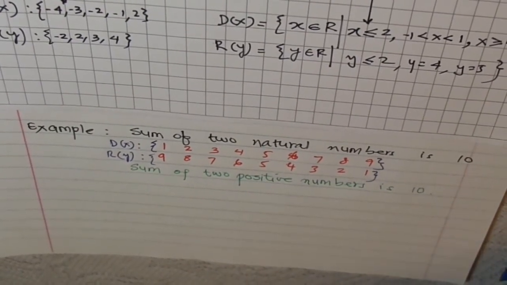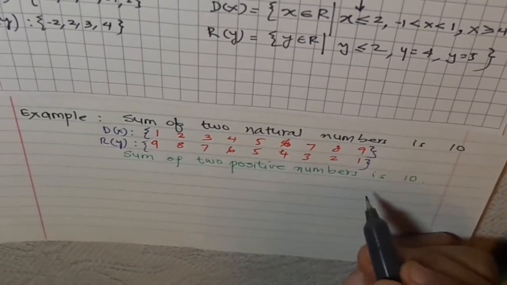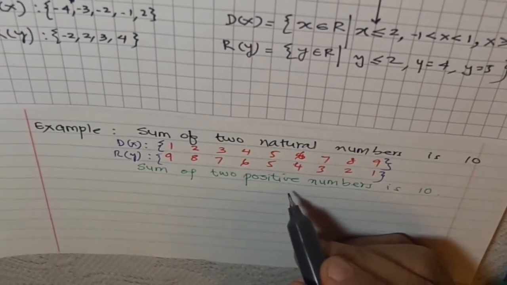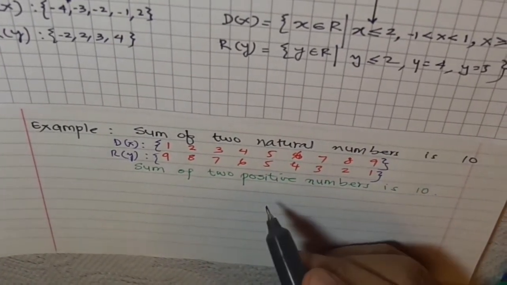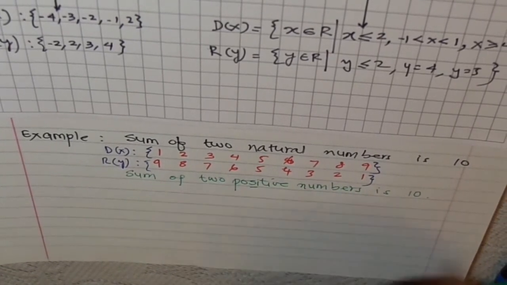Now see, when we say the sum of two positive numbers, then we mean that they are real numbers, and these real numbers are not negative, okay, because we have mentioned positive.